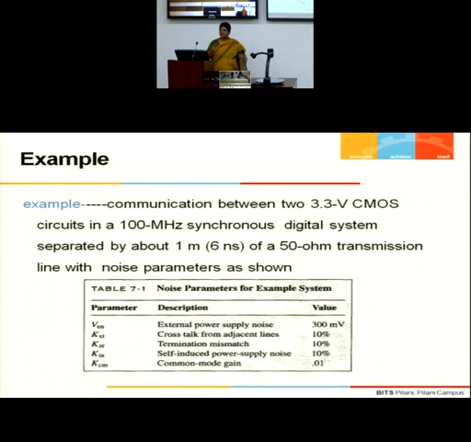Remember, when you have something as a common mode, that rejects noise. Remember that there is a common mode operation, there is a difference. So you can design your drivers as a differential structure also. So the common mode gain of the system is 0.01.